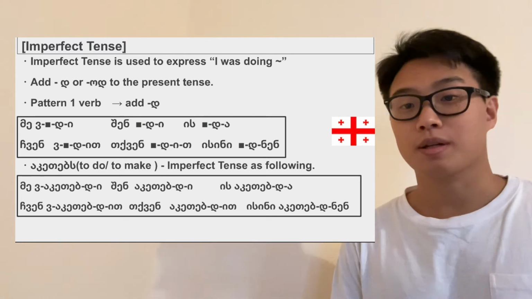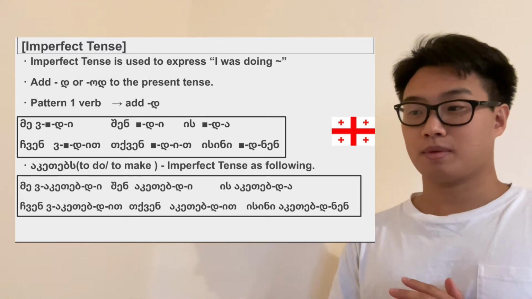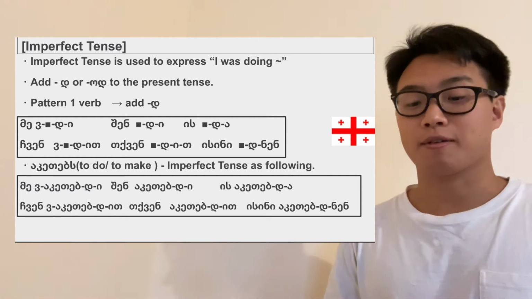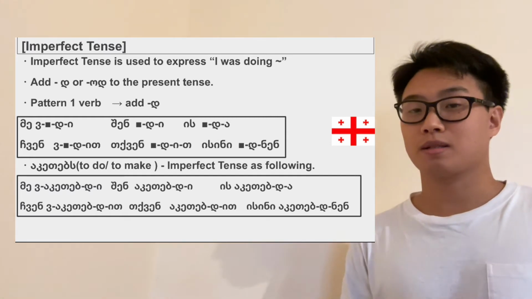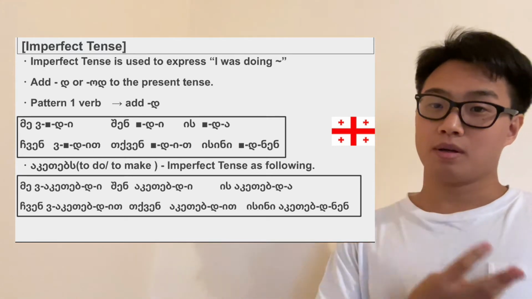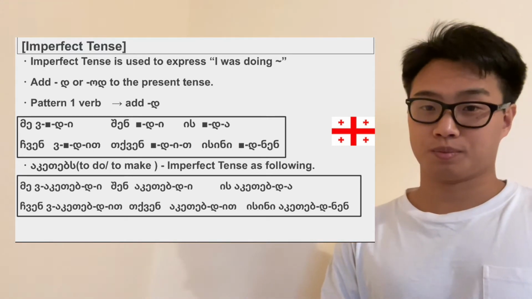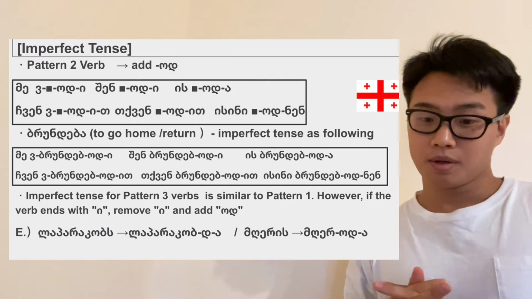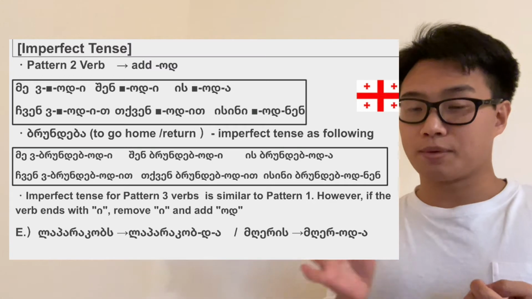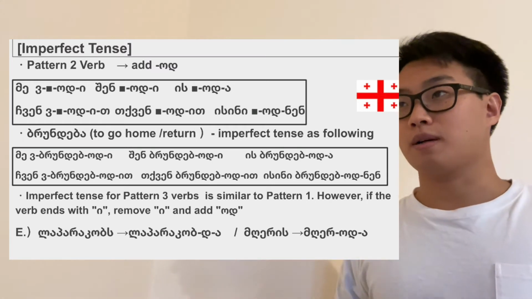Now let's take a look at how we can make imperfect tense, past progressive tense for second and third pattern verbs. So now we have the second slide here. As for the pattern 2 verbs, we have to add -od to the verb root.